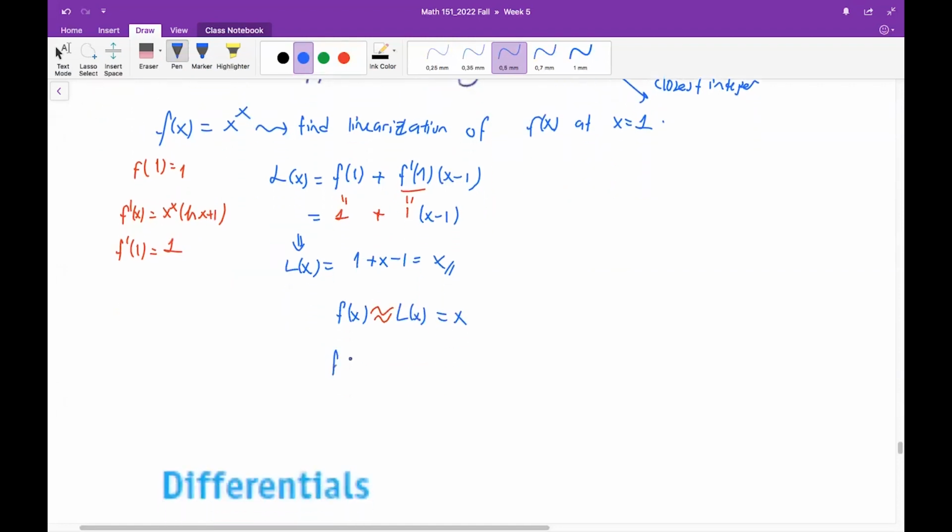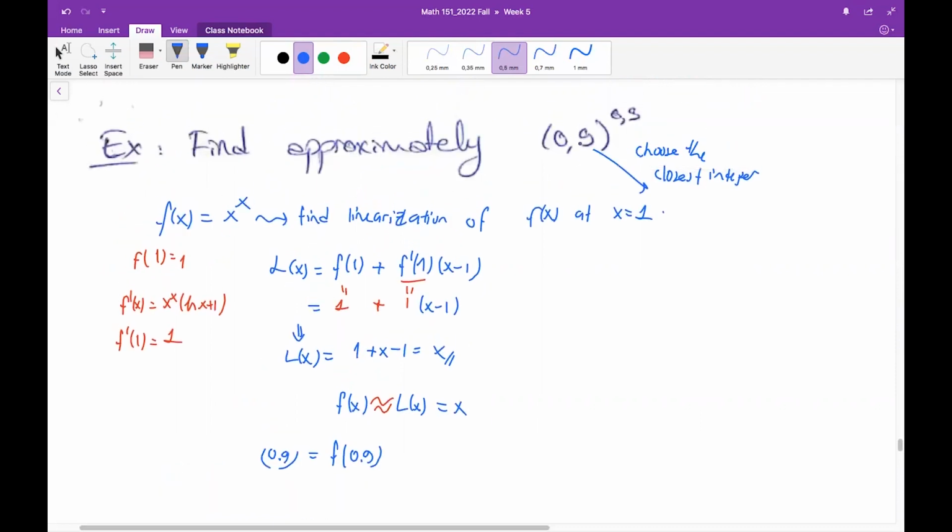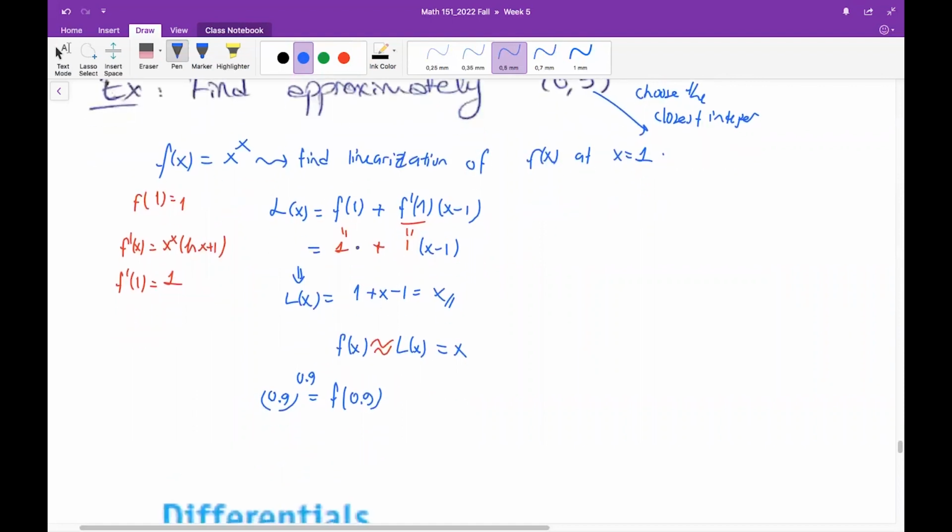So we want to find the value of f of 0.9, right? Because what is your f? x to the power x, and if you insert x equals 0.9, you find exactly this quantity, and approximately this quantity is the same as the value of the linearization function at the same point, like this.